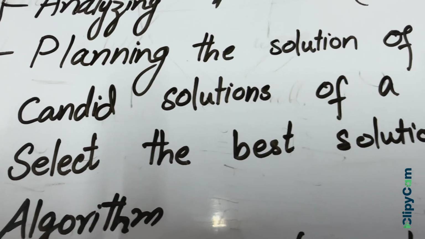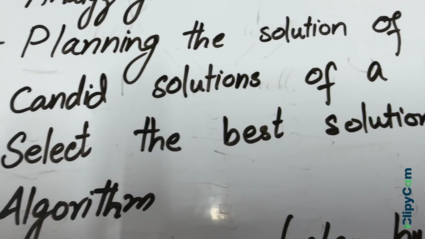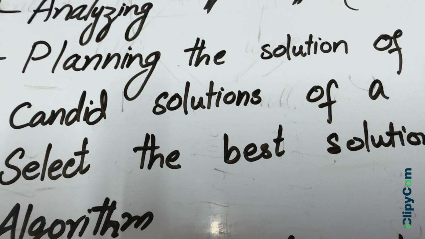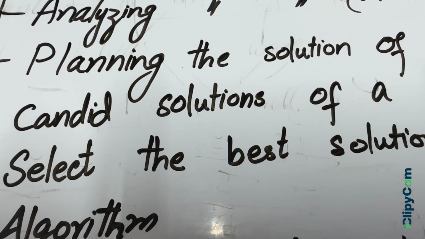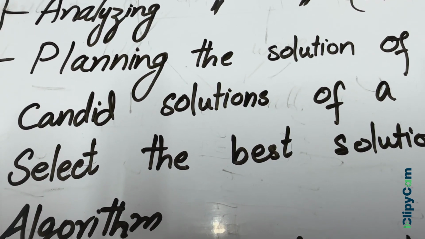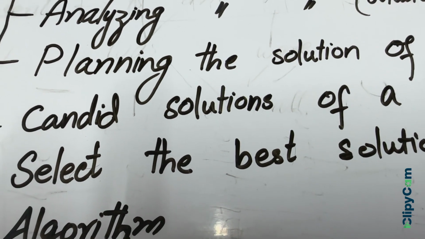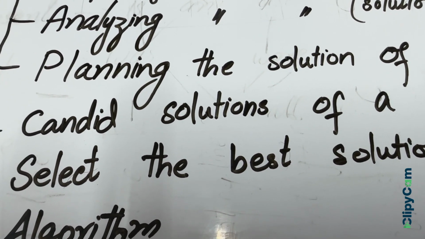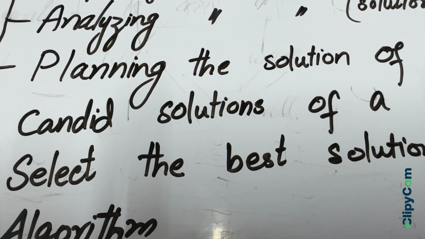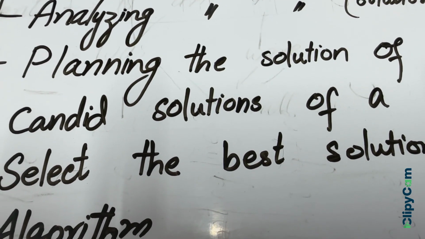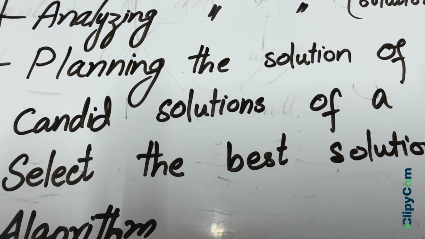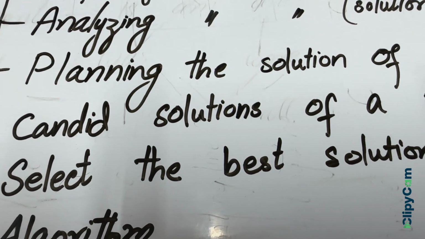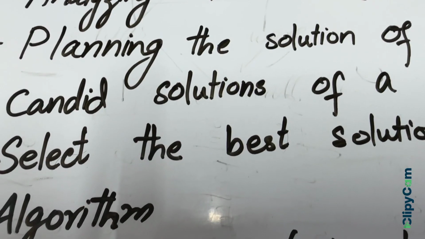So how can you select the best solution of the problem? The solution must be easy, right? The best solution is one where the program can easily be written and gives proper output. Speed, cost, and complexity matter to find out the best possible solution.